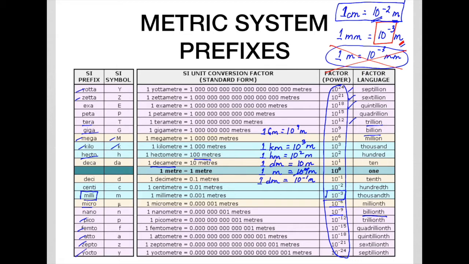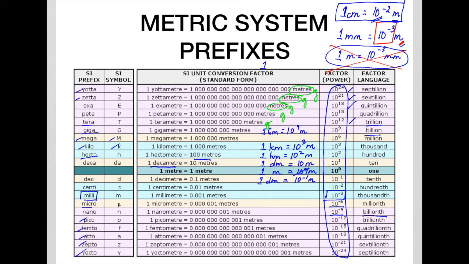Now, meter cannot just be the base unit. I could change this meter into grams, if I'm talking about weight. Okay, so let's say for example, we have here 1 microgram.